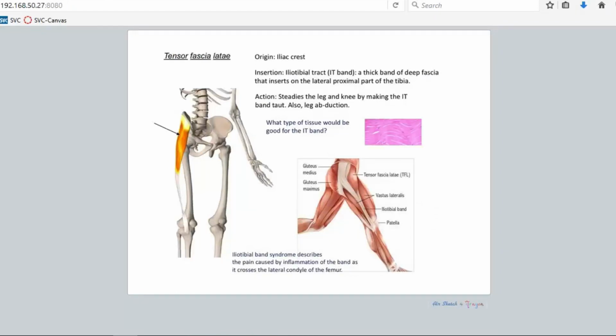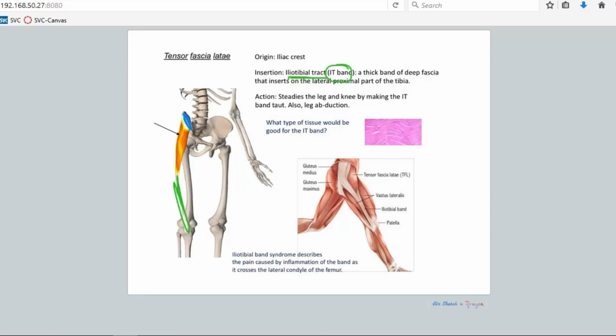Okay, so this muscle right here is called the tensor fasciae latae, like a fancy coffee drink or something like that. The tensor fasciae latae. The origin is up here on the iliac crest, and then the insertion point is a little different. It inserts on this structure right there, which is called the iliotibial tract. Maybe you've heard of it as your IT band.